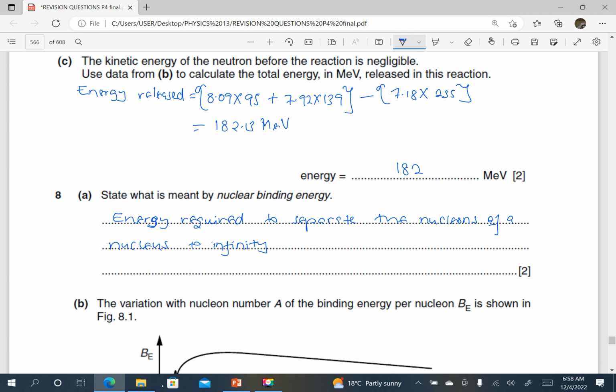That is the binding energy. It can be the energy released when the nucleons are brought from infinity to form back a stable nucleus. It is still binding energy. When I talk about nucleons, remember I'm talking about protons and neutrons. Those are the particles which reside inside the nucleus.